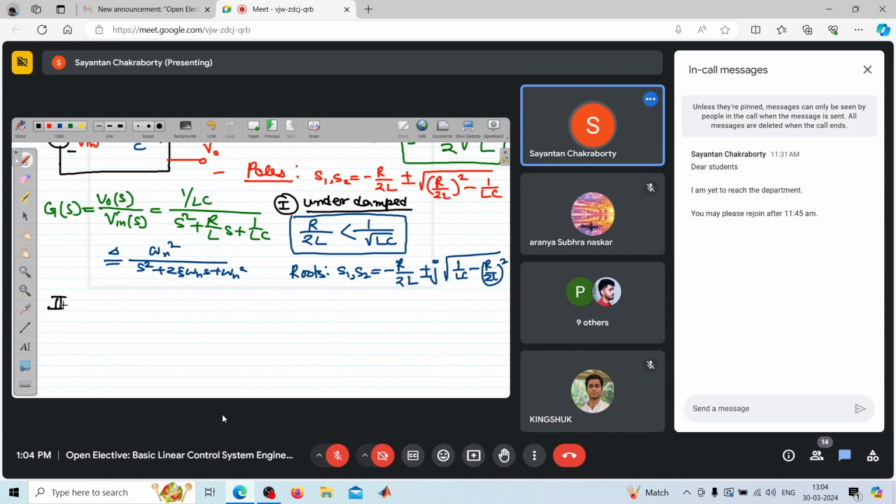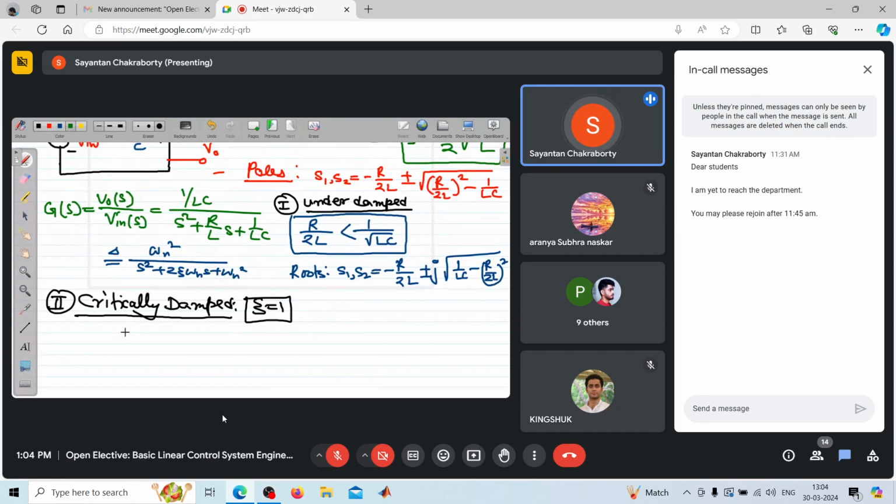Then for critically damped, zeta equal to 1.